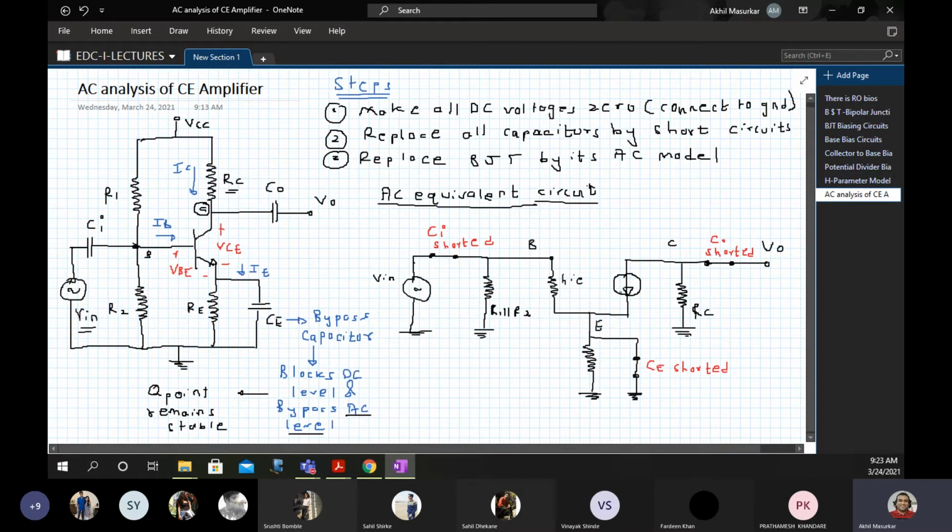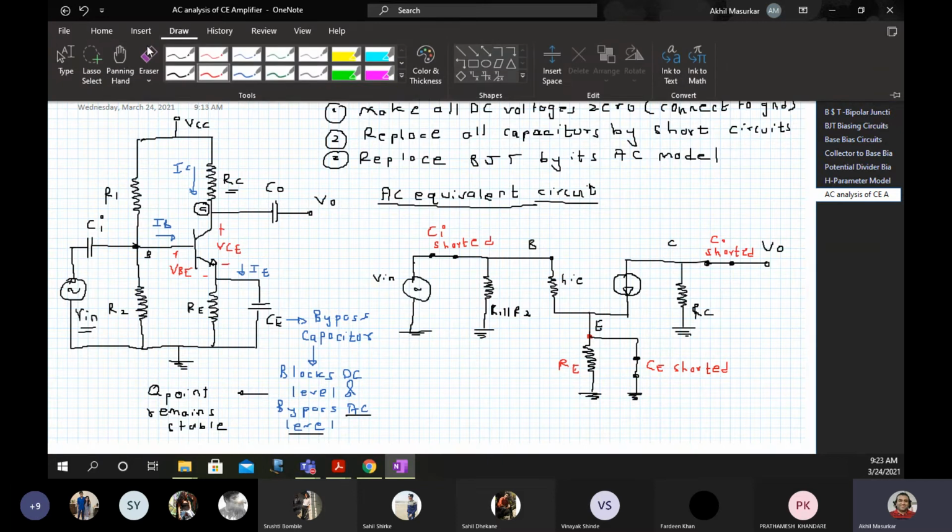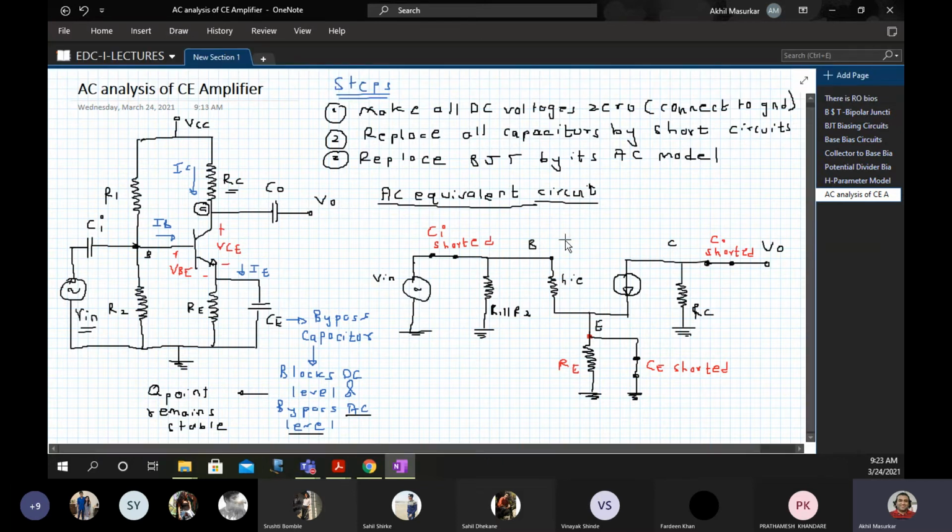So this emitter is as good as connected to ground. Even if you don't show this RE, it is going to be fine. So please draw this circuit immediately.